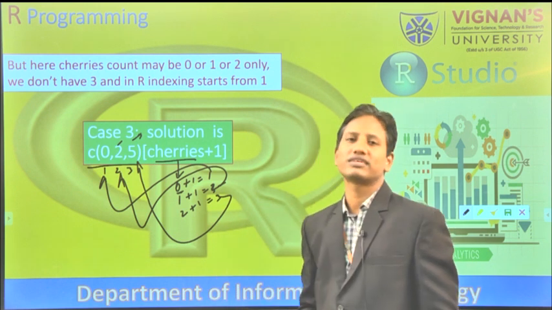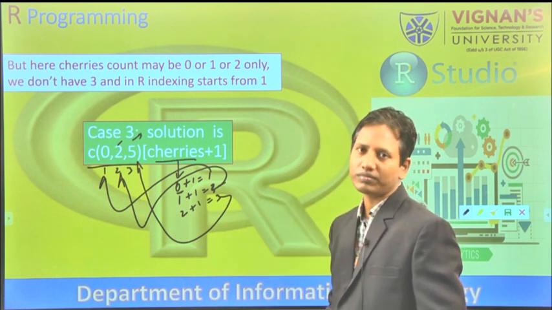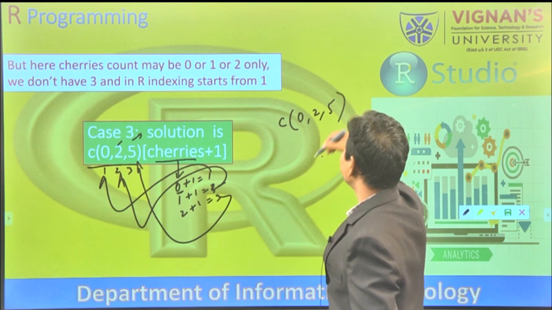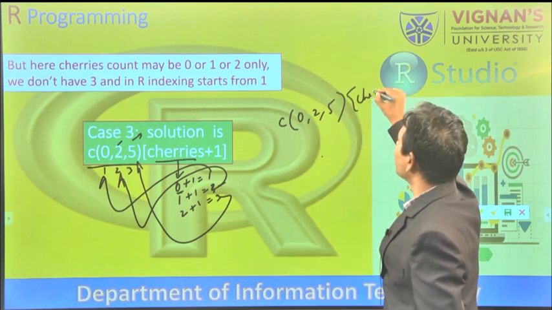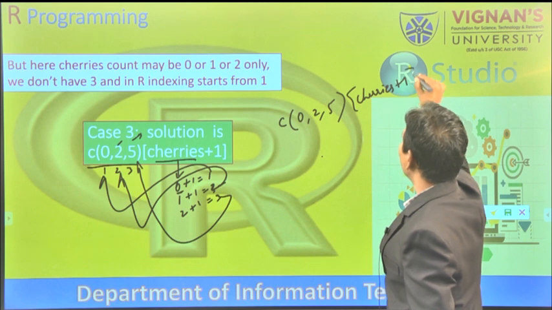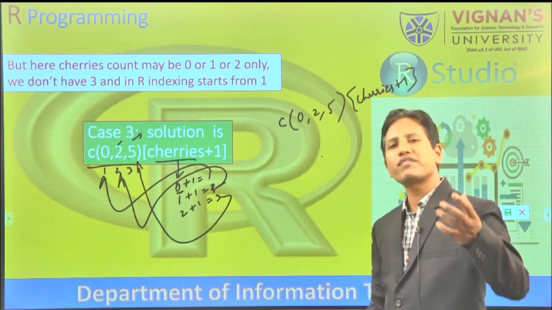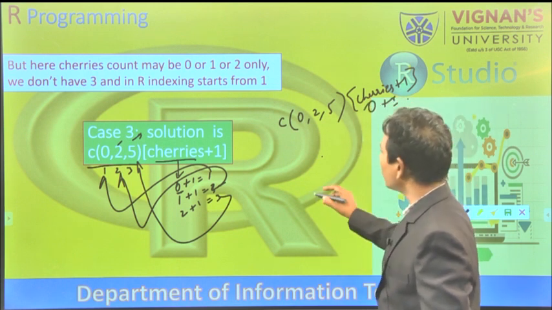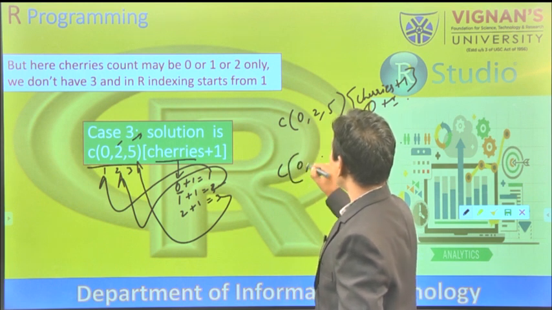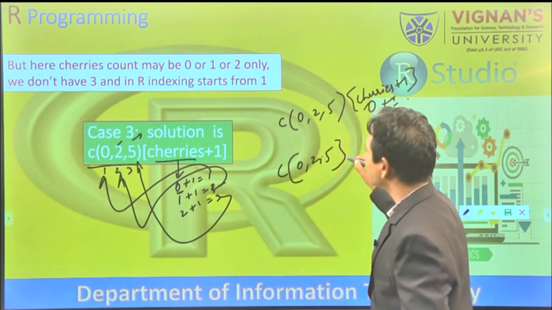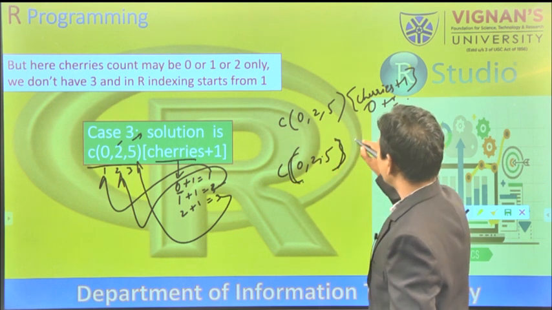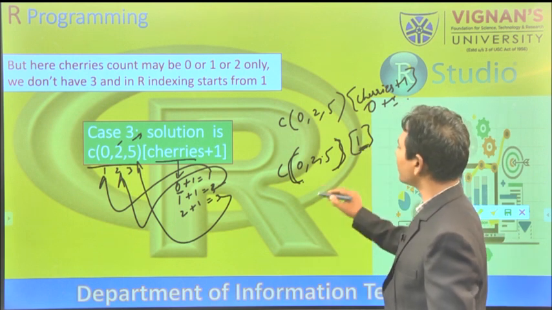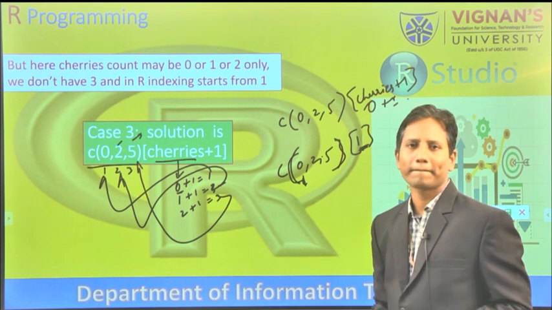Ultimately, what is the output we expect? The same thing we are going to get. So it is going to be like this: C of 0, 2, 5, indexed by the number of cherries plus 1. If the number of cherries is 0, then plus 1 will be 1. So C of 0, 2, 5 at index 1, the first index value, gives output 0.